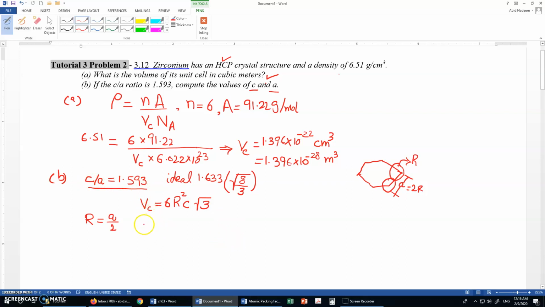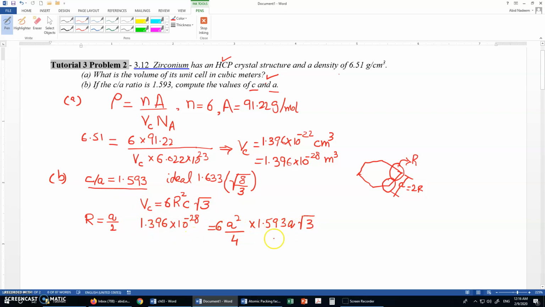So VC is 1.396 times 10 to the power minus 28, equal to 6 R square, where R square becomes A square over 4, and C is equal to 1.593 A, times the square root of 3.